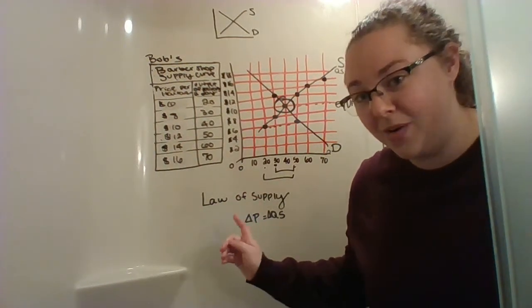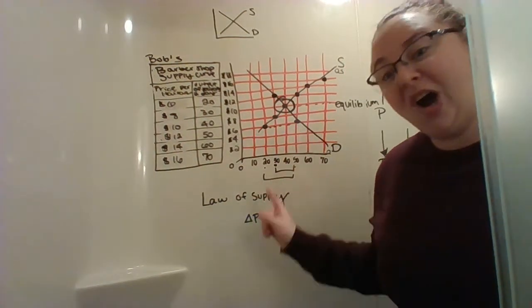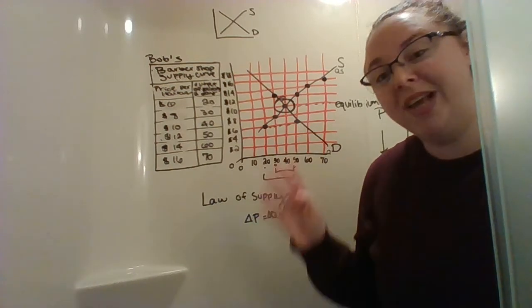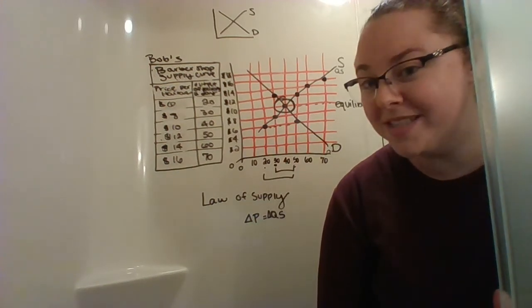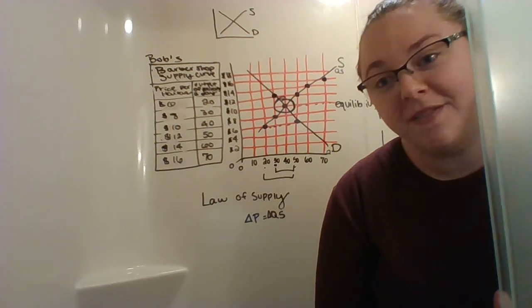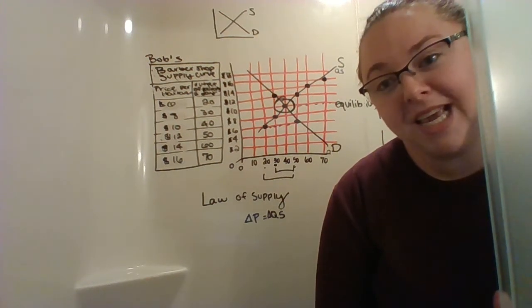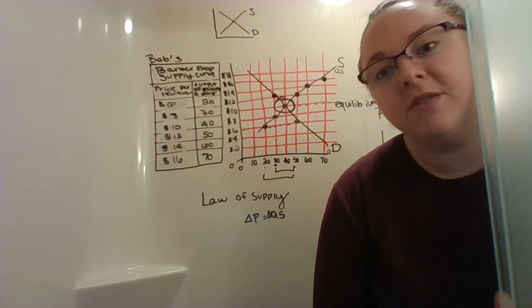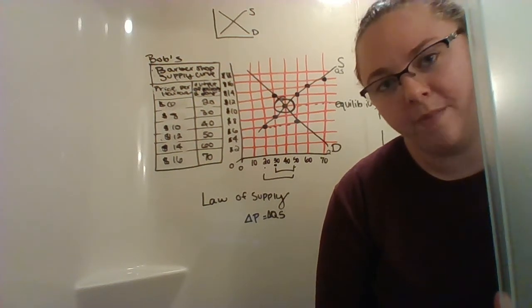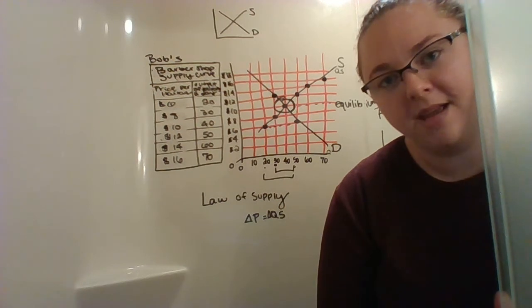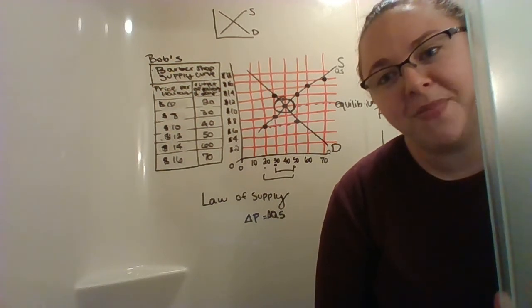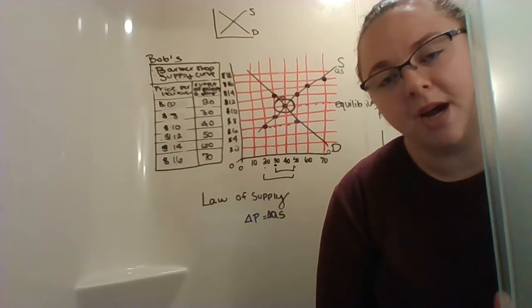Here's the deal with this though. This is extremely hard to gauge because people's wants and needs shift minutely, secondly, like all the time. It is very, very difficult to hit the equilibrium point. But that is the point that economists shoot for when we're talking about supply and demand.